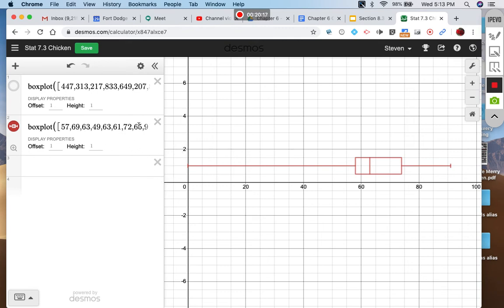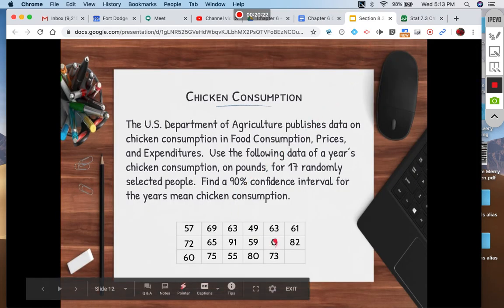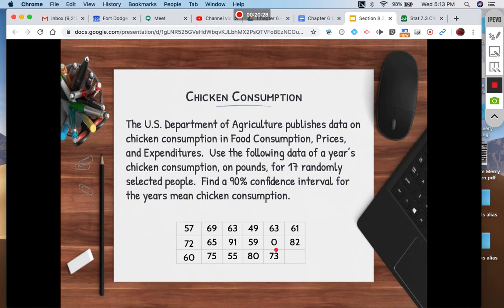So the outlier comes from, we look at this data, we have this 0 in here. Now, we can probably justify taking that one out because if we're looking at a year's chicken consumption, either someone put 0 because there's a mistake there, or you have somebody that eats no chicken whatsoever.